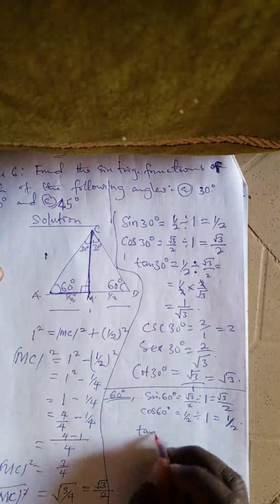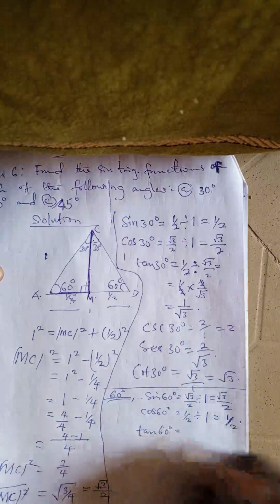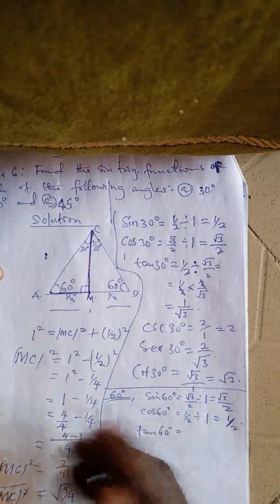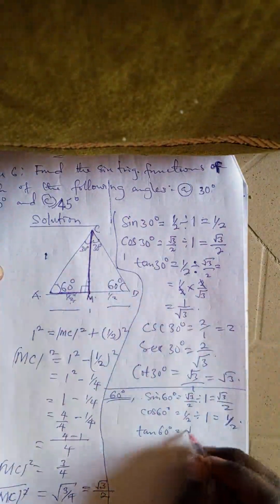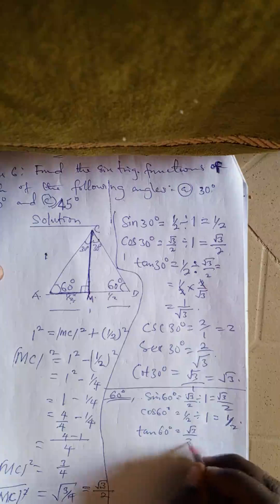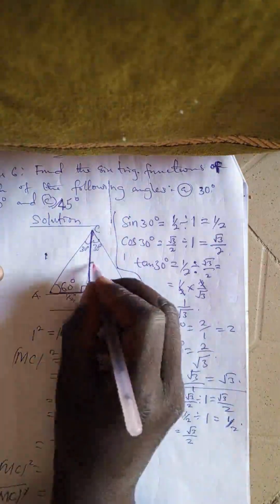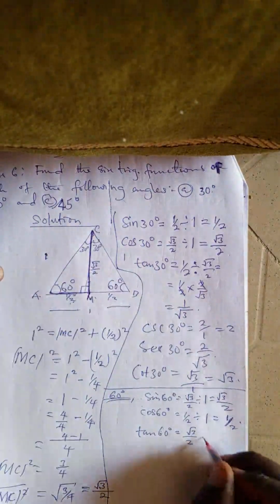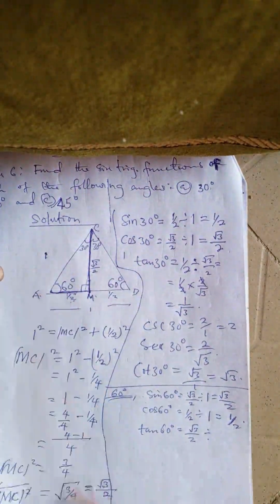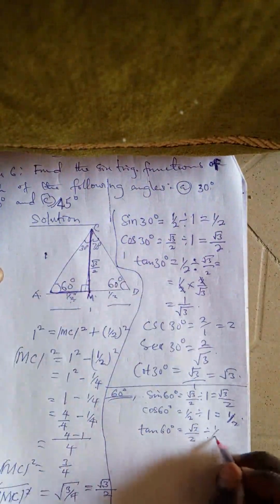Now we have tan 60. This is equal to, tan is opposite over adjacent. This is equal to square root of 3 over 2, because this is the opposite. Let me write root 3 over 2 here for easy identification, divided by adjacent, which is equal to 1 over 2.